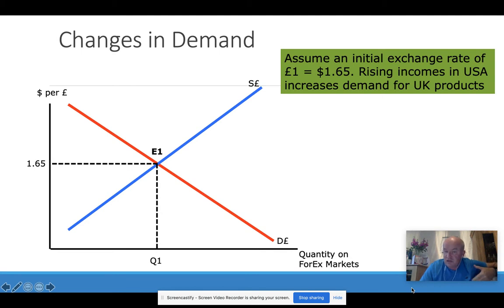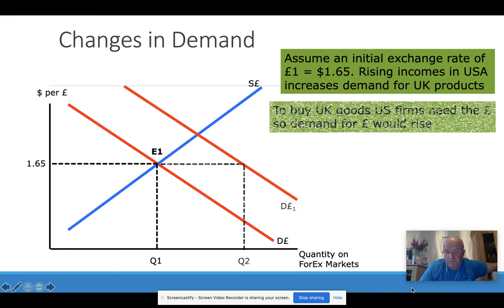But if we get a change in one of the factors that might affect demand, say rising incomes in the USA, let's assume that to be the case, that's going to mean we're going to have higher levels of demand for UK products. So essentially, the USA are willing to import more goods.